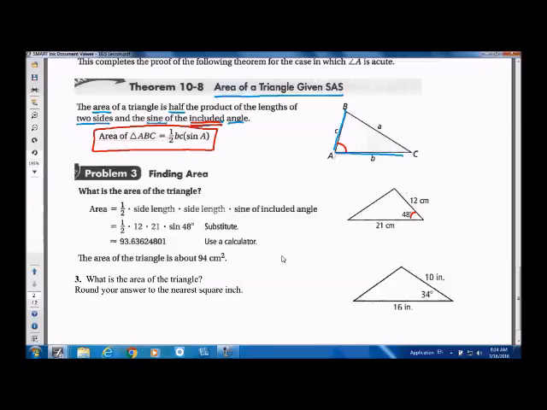I have an angle. It is included between these 2 sides. So A, B, and C. And I simply put those into my formula. 1/2 A, B, sine 48. Put it into a calculator and get an answer. So pause the video and do the next example.